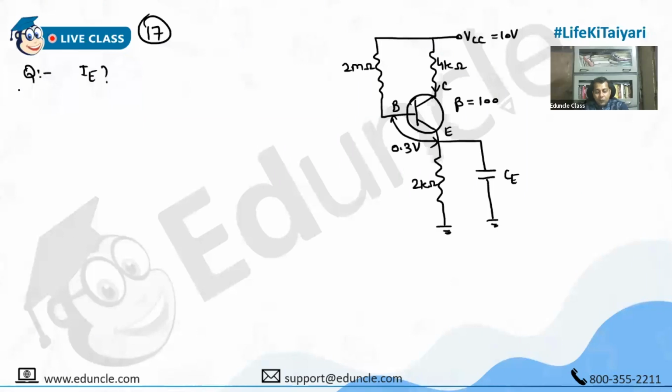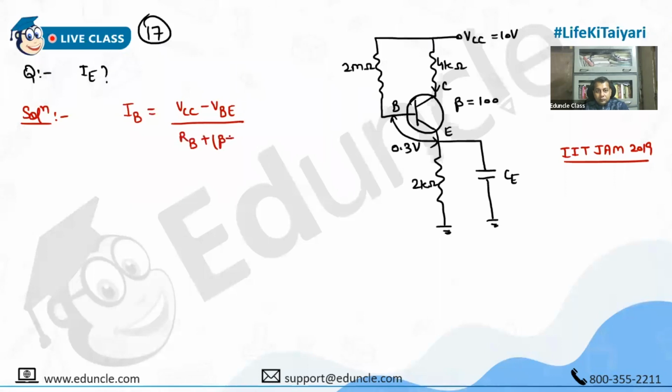You have to find the value of the emitter current. So this is a bias circuit with emitter resistor actually. So first of all, we need to calculate base current. Yes, Akash.